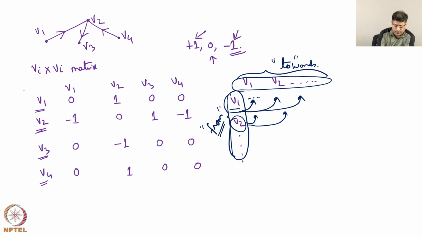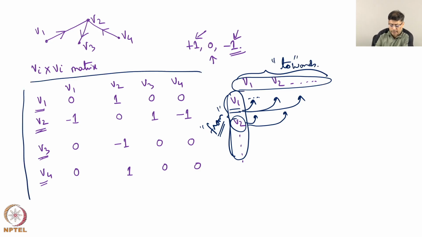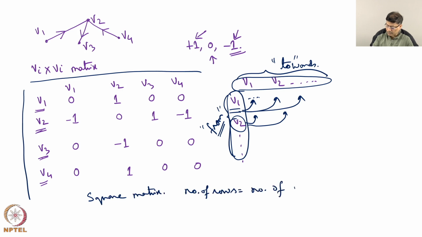In this sense, this matrix has been constructed. It is again a square matrix. Why? Because the number of rows equal to the number of columns, and it is equal to 4 in this case.